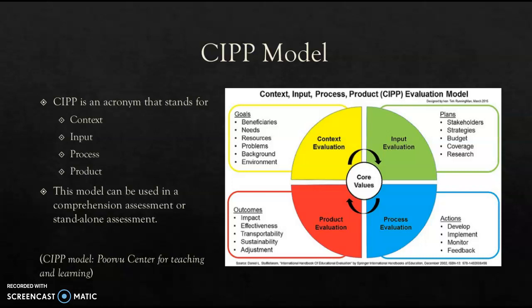This can include how much could be invested in the project, what resources will be included. Process evaluation examines the way in which the program will be developed. And last, the product evaluation focuses on the success of the program in producing desired outcomes.